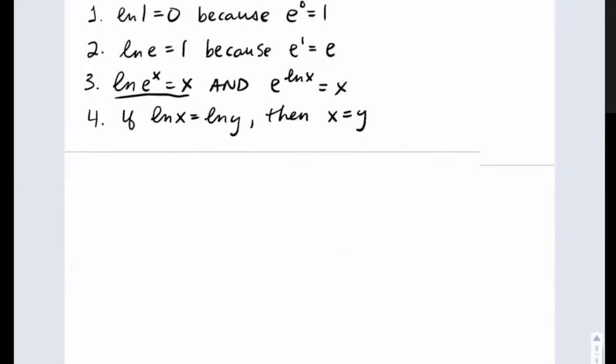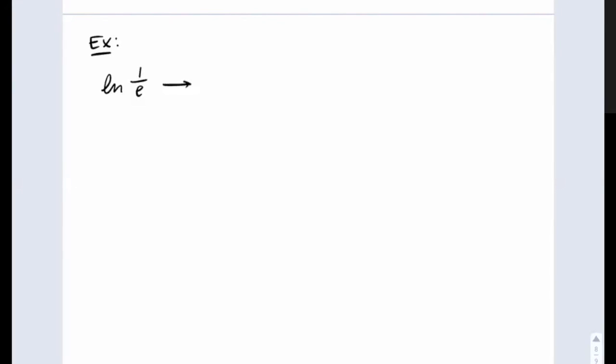If I'm going to use these properties, let's say I had a problem that said to use the properties of natural logarithms to rewrite each expression. If I had ln of 1 over e, I could rewrite this as ln of e to the -1 power.